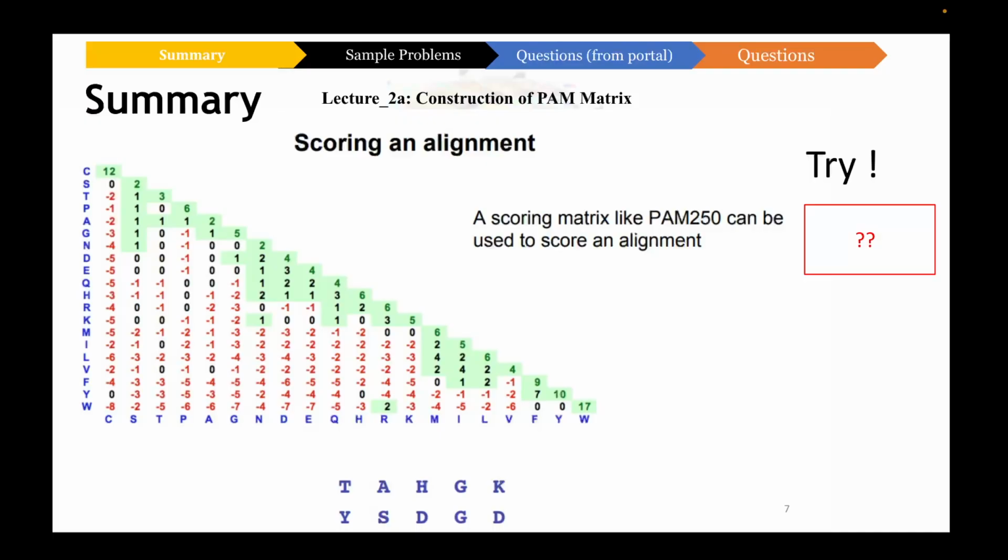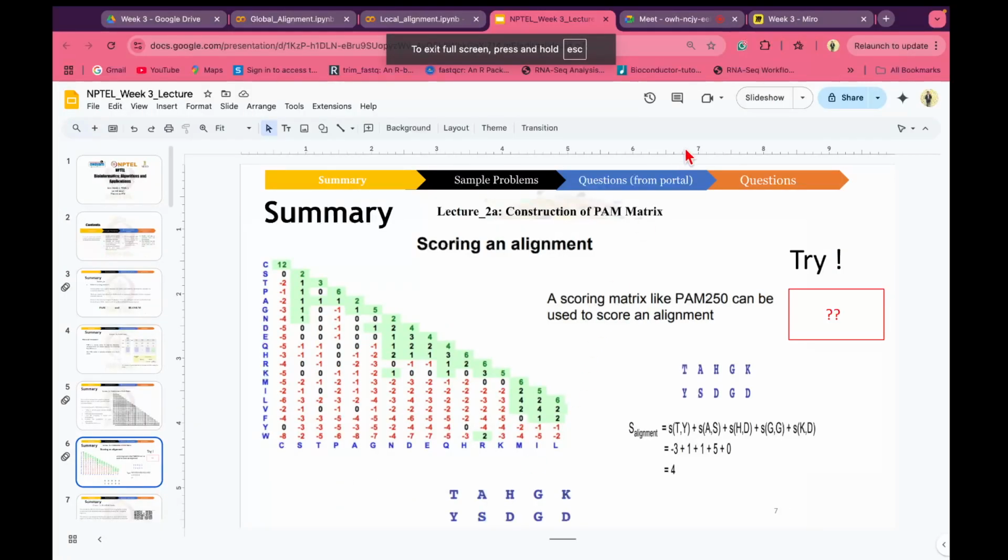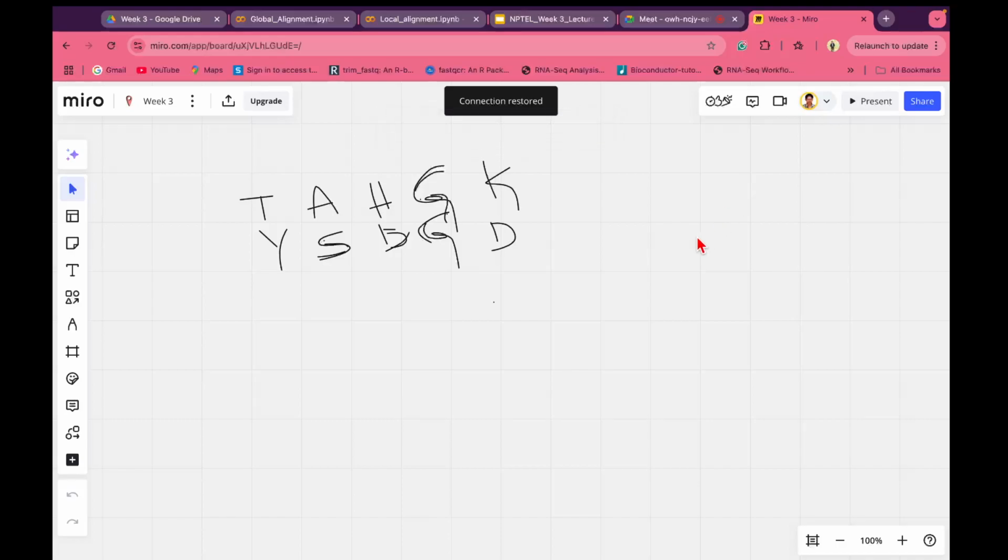I got some answer. So this is the alignment given.